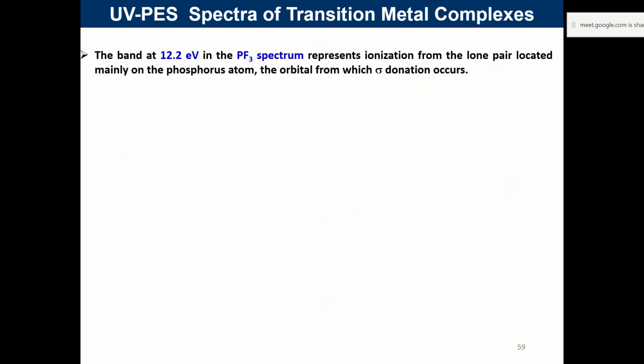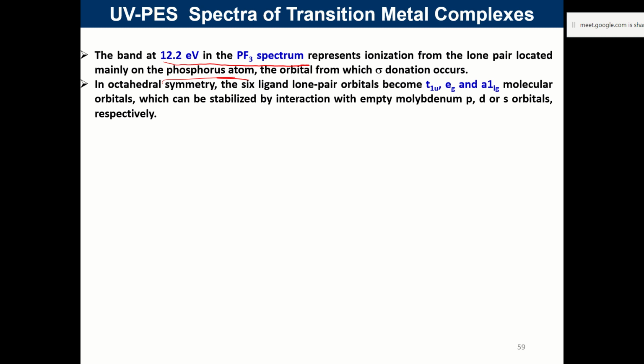So then what you also observe is that at 12.2 electron volts in the PF3 spectrum, the lone pairs of phosphorus are located, used in sigma donation, and when these lone pairs are arranged in octahedral symmetry, they become T1U, EG and A1G.